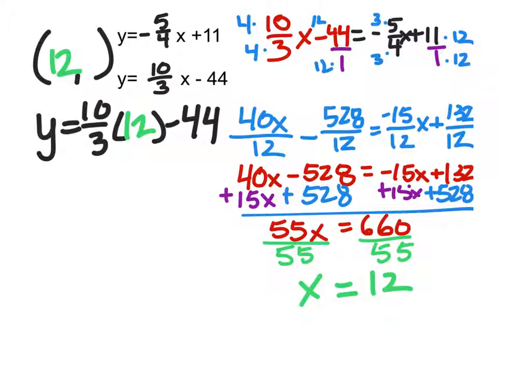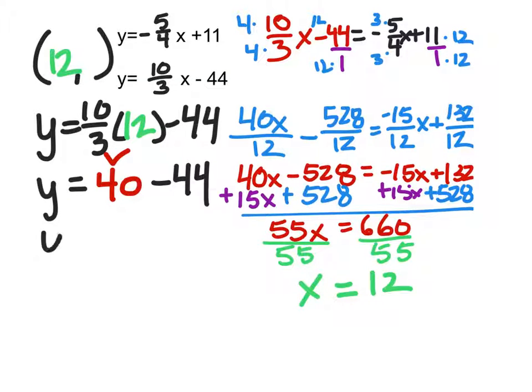So that is y equals 10/3 times 12 minus 44. And 10/3 times 12 is 40. And finally, if we combine those two, 40 minus 44 is a negative 4. So that's our final part of the answer. So this is what we think it is right there.